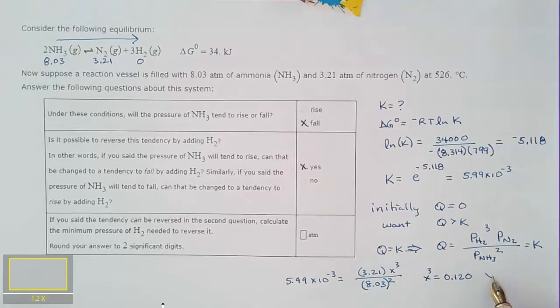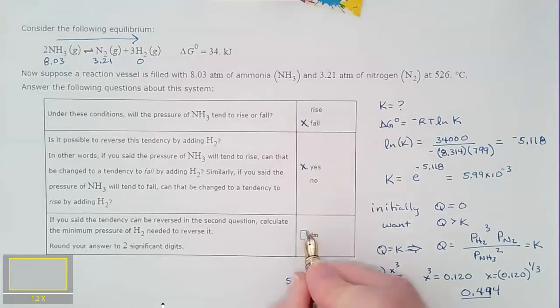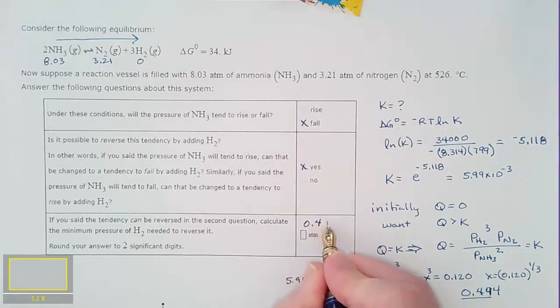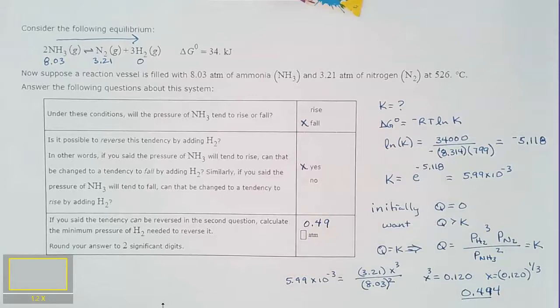So x equals 0.120 raised to the 1/3 power, and that ends up being 0.494. Okay, so we would keep two significant figures, so 0.49 atmospheres would be the pressure required to reverse the tendency. All right, that's it.